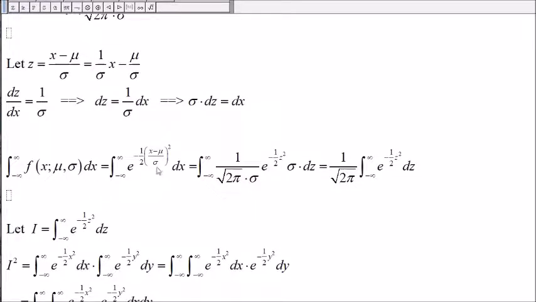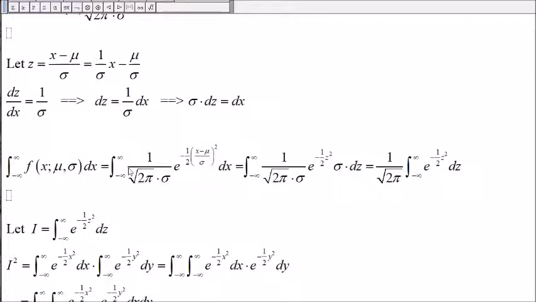And so the integral now becomes, this would be e to the negative 1/2 z squared, because z is x minus mu over sigma. Dx is sigma dz.